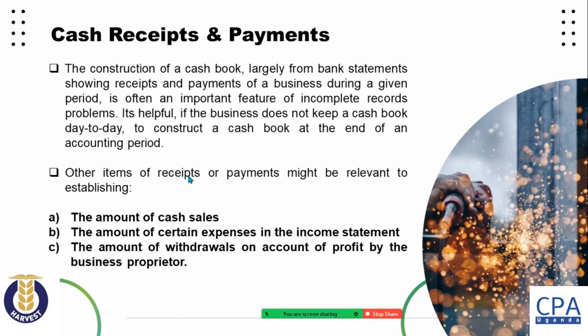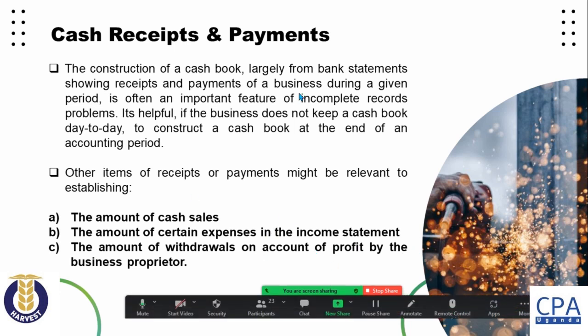and the items of receipts or payments that might be relevant when we construct our cash book include getting to know the amount of cash sales we have made, the amount of certain expenses in the income statement. We can also pick this from here. The amount of drawings on account of profit by the business owner, which happens because some of these businesses, as I mentioned, are small.